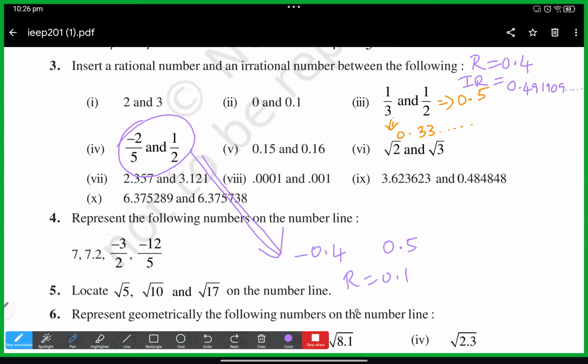Irrational number, Pranavi? 0.3463, anything. Yes, 0.36, 0.346371.